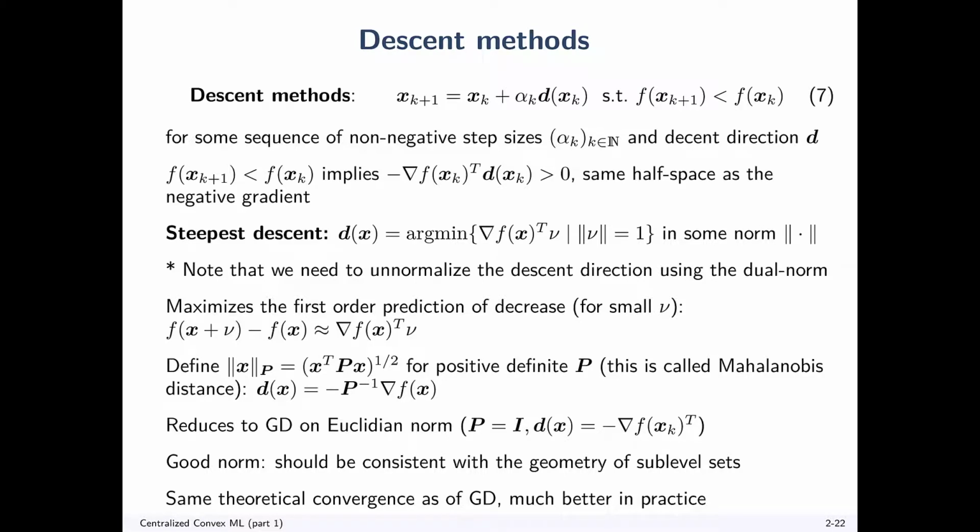The only limitation on the descent direction is that it should be chosen to somehow reduce the objective function at the new point. Okay, so this is the only limitation that you need for the definition of this descent direction.